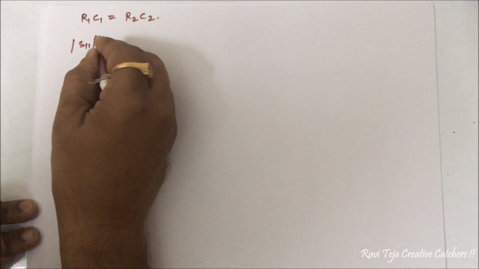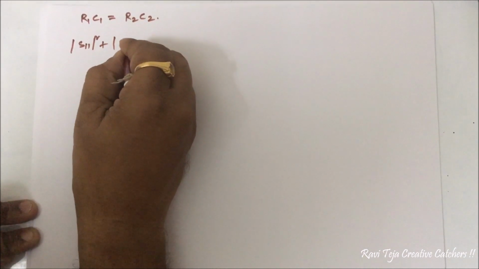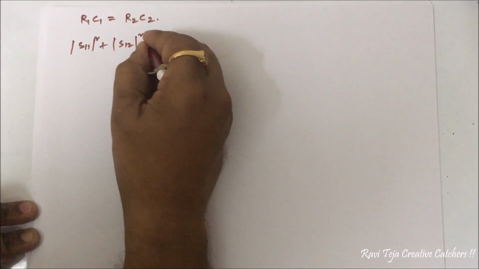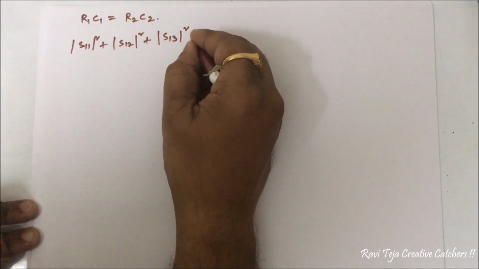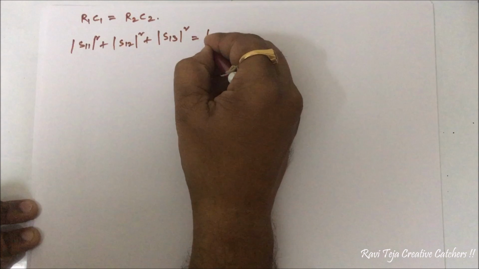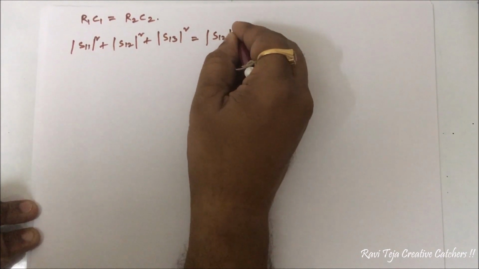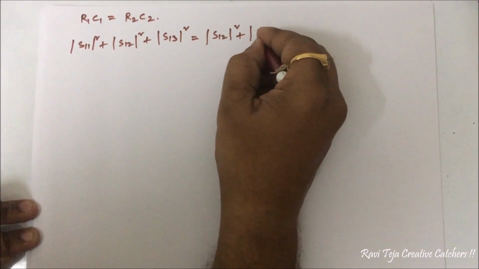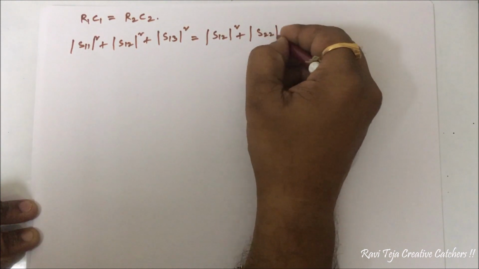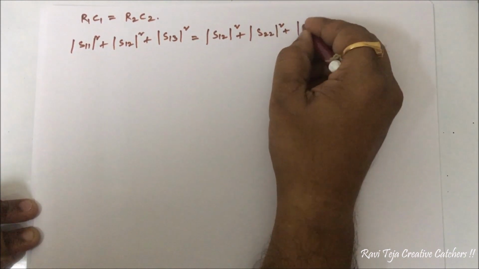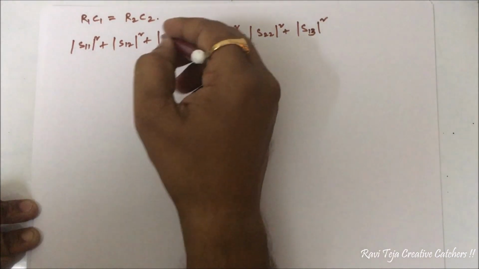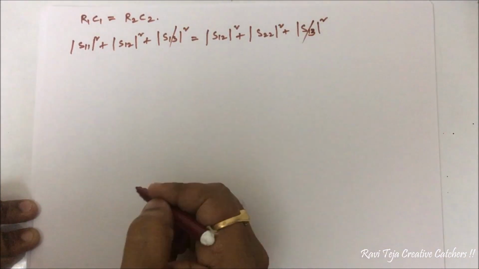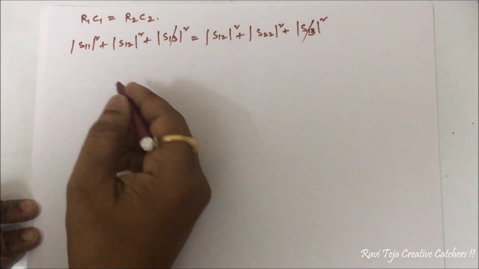R1 C1 is mod of S11 whole square plus mod of S12 whole square plus mod of S13 whole square, is equal to mod of S12 whole square plus mod of S22 whole square plus mod of S13 whole square. So, let us strike off the common terms. What are left?